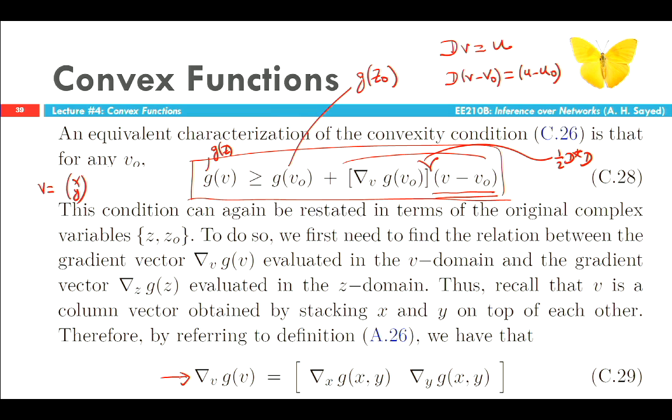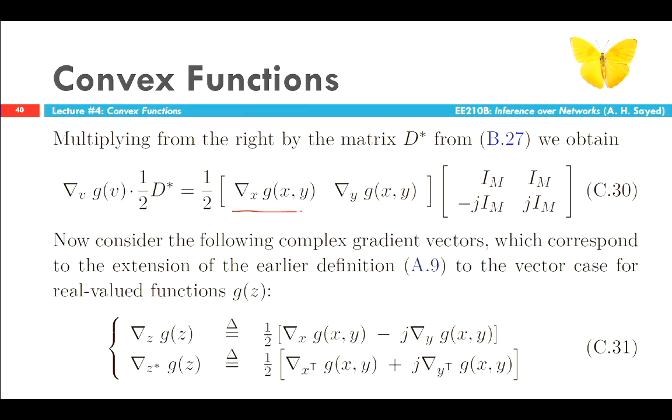Fine? So now multiply this by D star. Here it is. Fine? So you see, the gradient relative to x minus j times the gradient relative to y times 1/2, what do you get? That's what we define to be the gradient relative to z in the complex case.